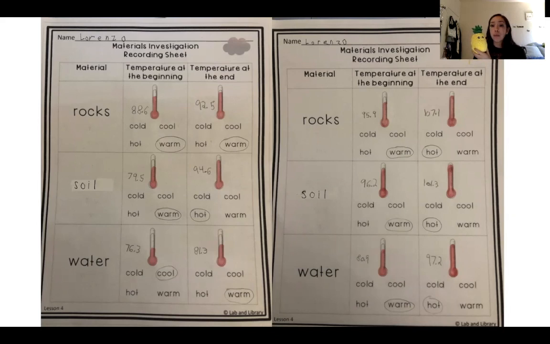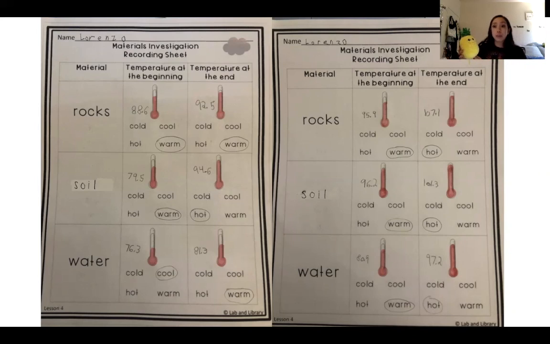We can see this from the water being 97.2 at its highest and 80.9 at its lowest, whereas there's a bigger difference between 107.1 and 95.9 for the rocks. So they both went from warm to hot, but there's a slightly bigger temperature difference.